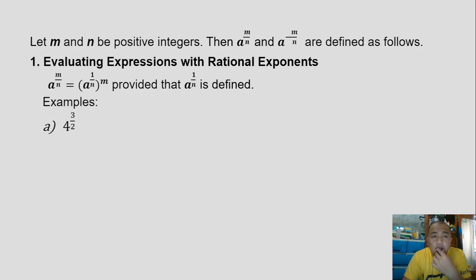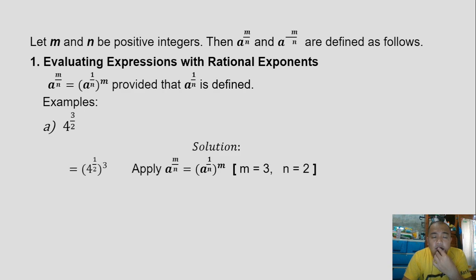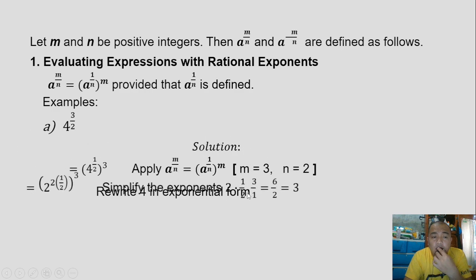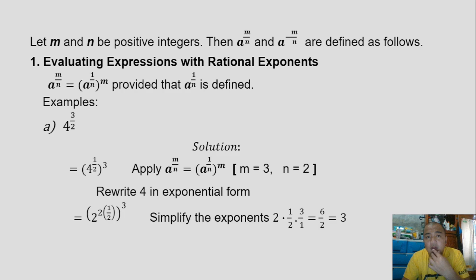Example: 4 raised to 3 halves. This can be expressed as 4 raised to 1 half, cubed, where m is 3 and n equals 2. Next step, we rewrite 4 in exponential form. The 4 can be written as 2 squared, because 2 times 2 is 4.